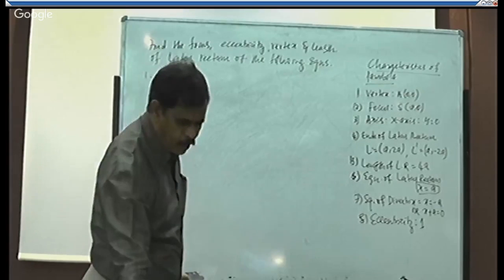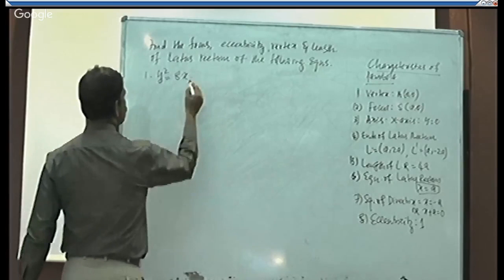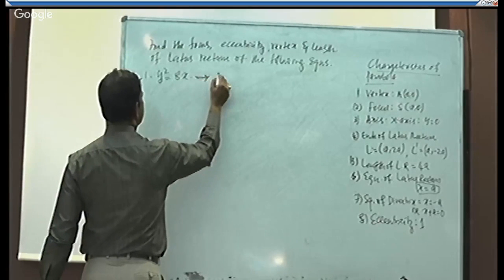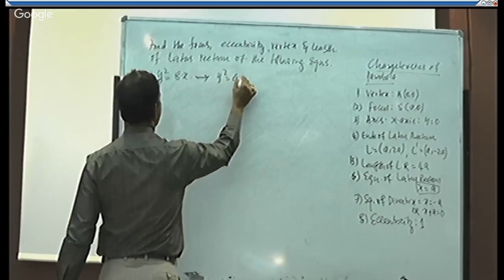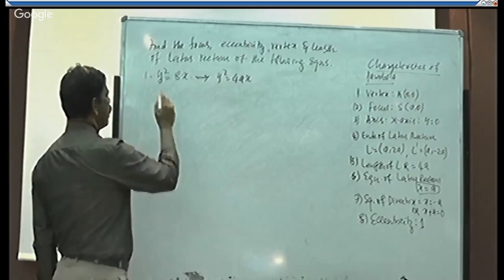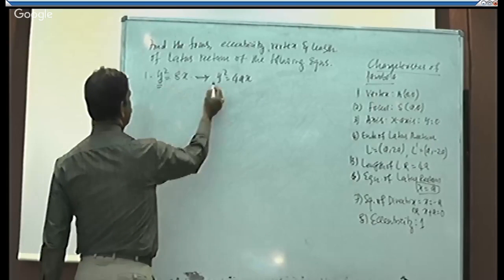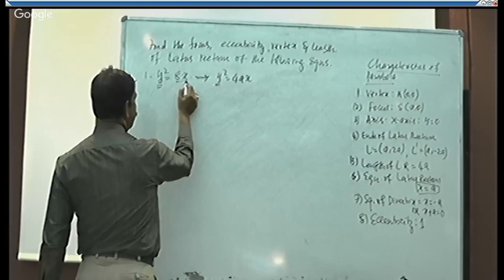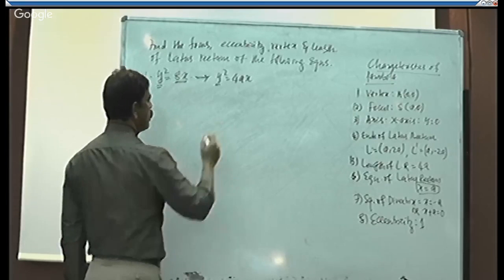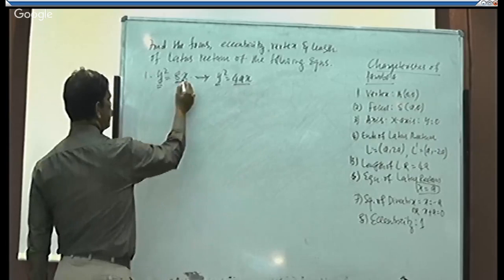The equation of parabola of standard form is always compared with y square is equal to 4ax. The given equation and the standard equation are compared. Y square on the left side. On the right side we have 8x for the given parabola, and for the standard one it is 4ax. What is the difference?